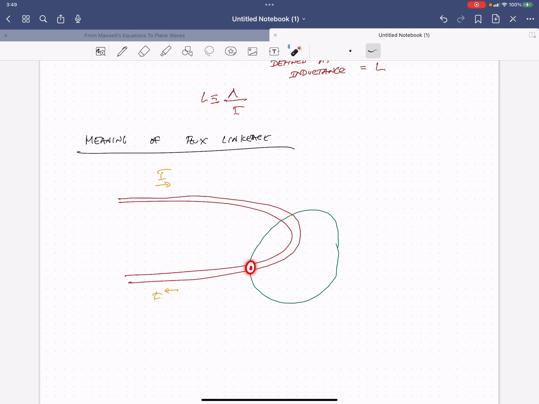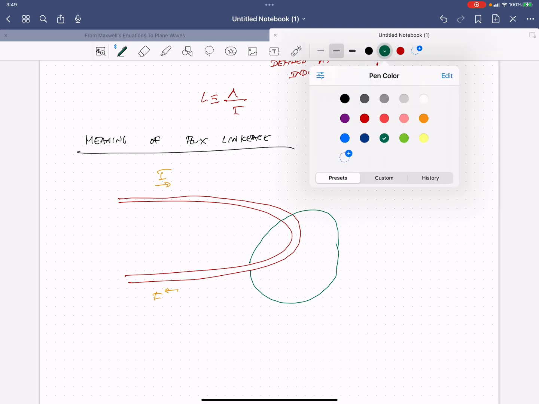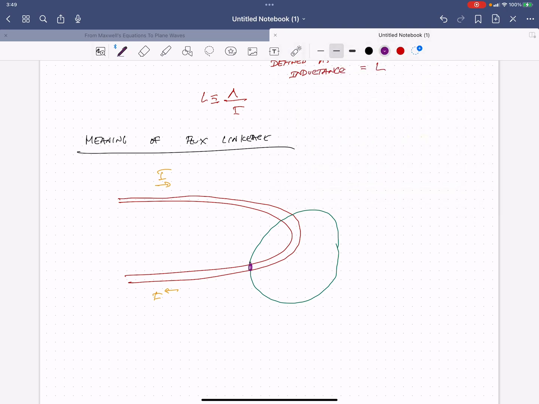Imagine the ring is enclosing this part of the wire. When that is the case, we say that this has a flux linkage of 1.